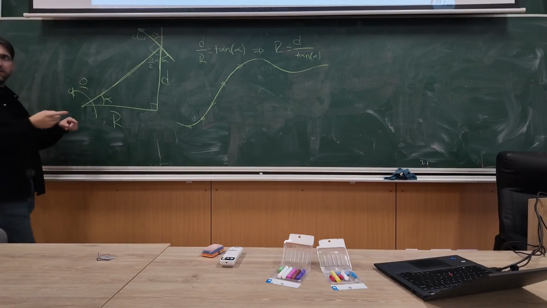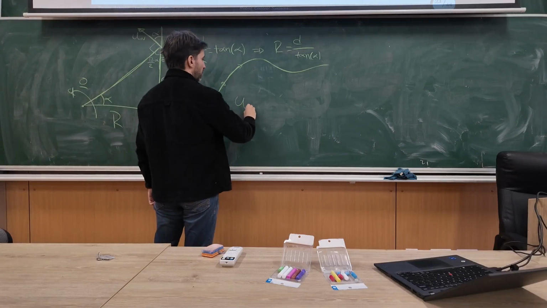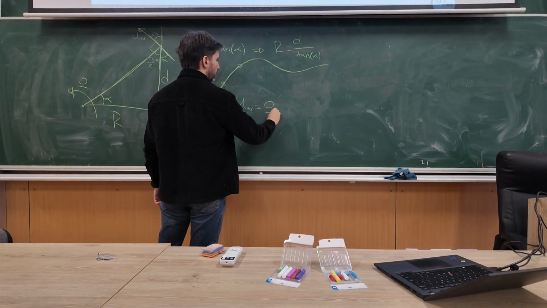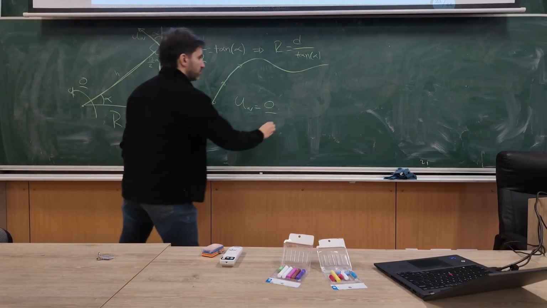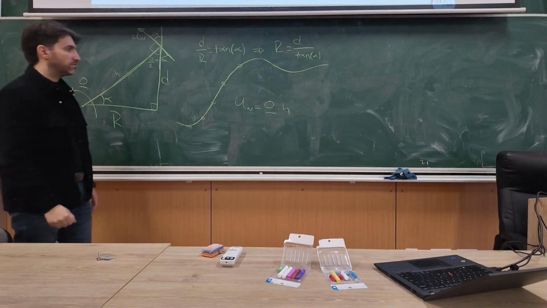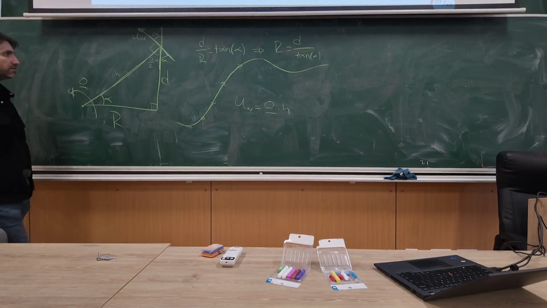Because then I have again the same equation, like UW will be omega times this, I don't know how to call it, hypotenuse. How much is this?